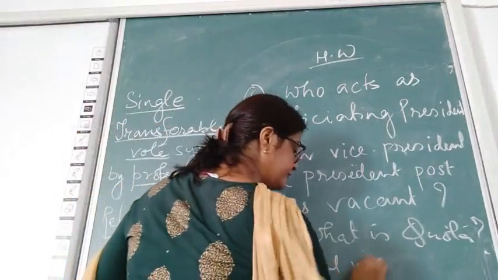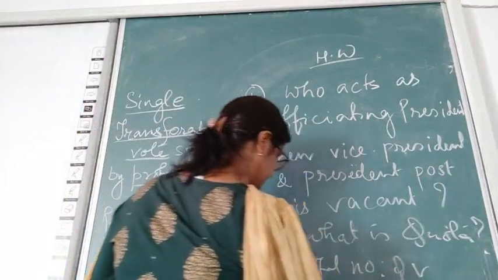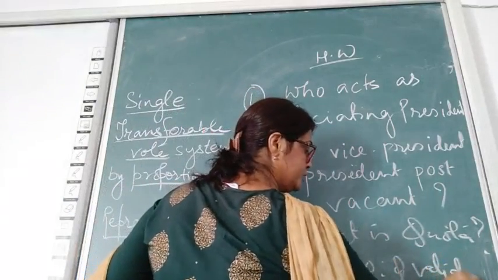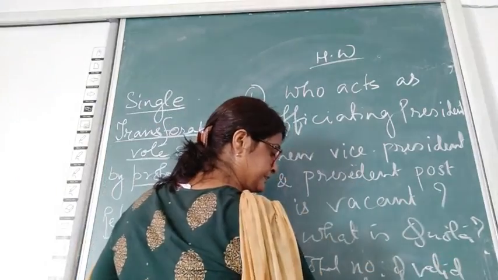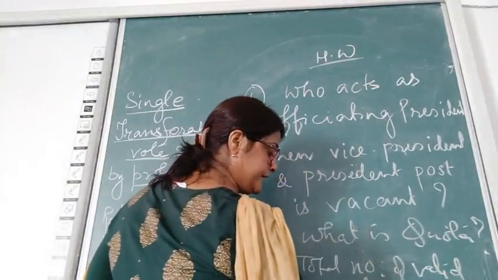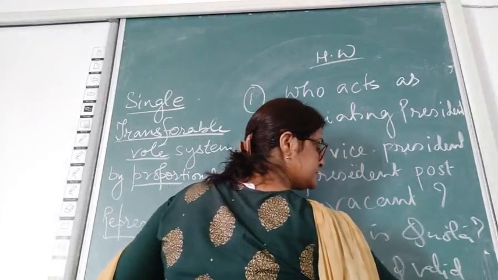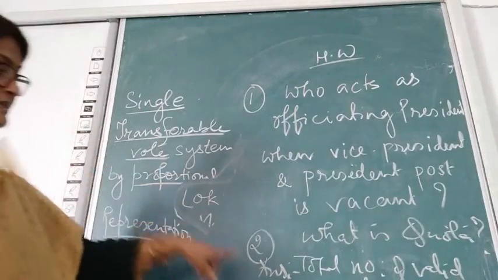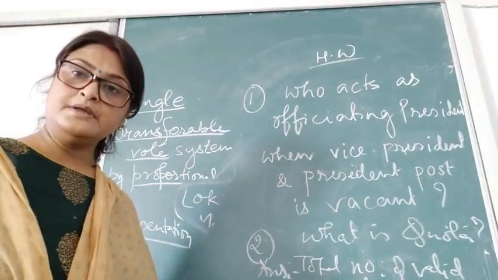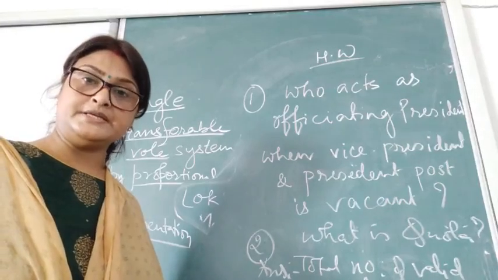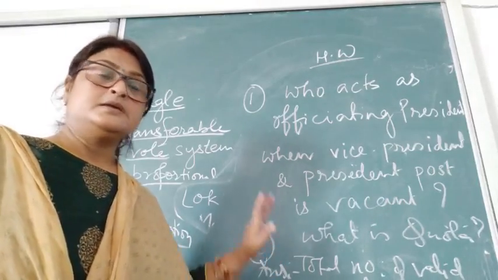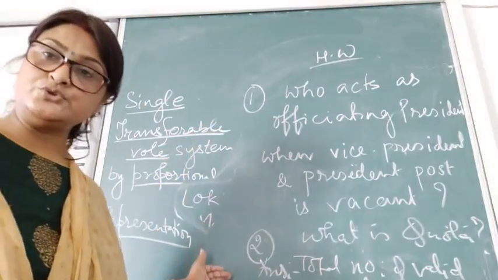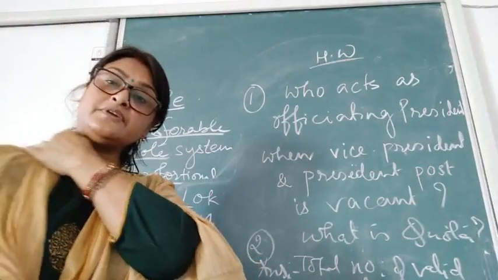Total number of valid votes divided by 2 plus 1. This is your answer. This is only quota. One has to secure this to become the president of India. So this is all about this. These are the 2 homeworks which you should do in your civics notebook.